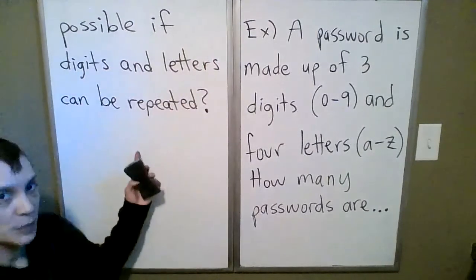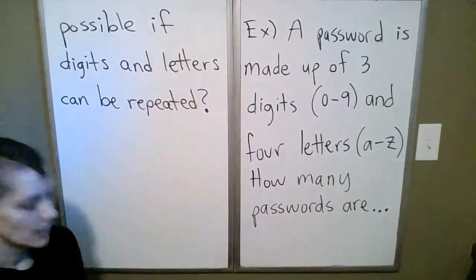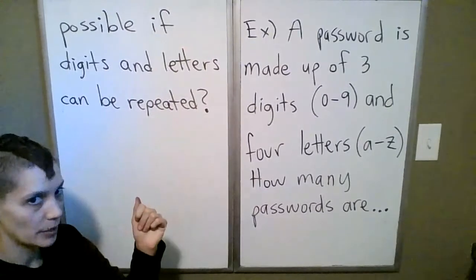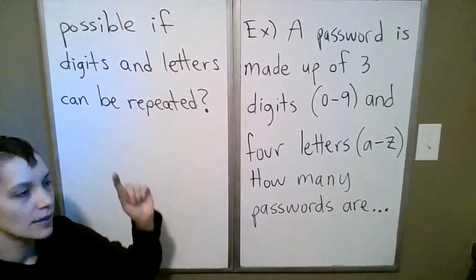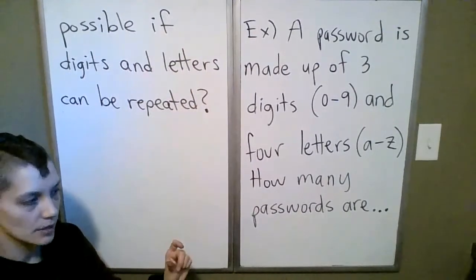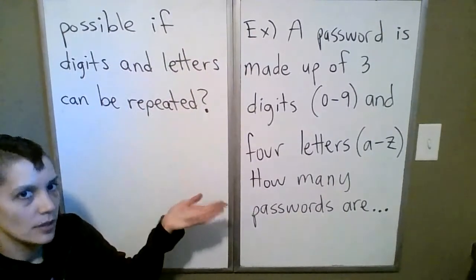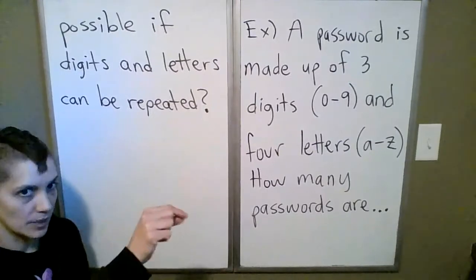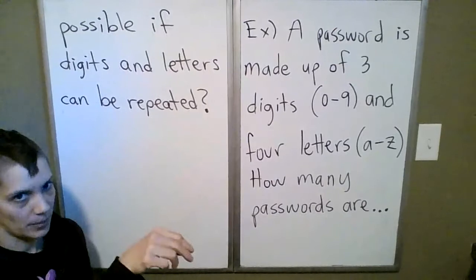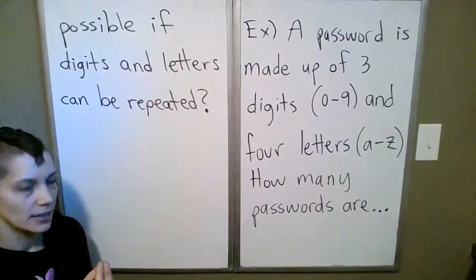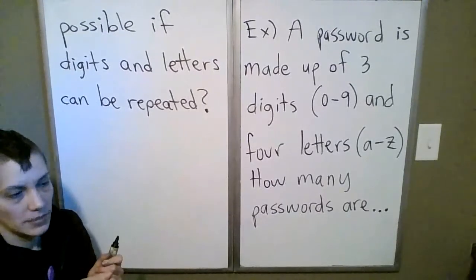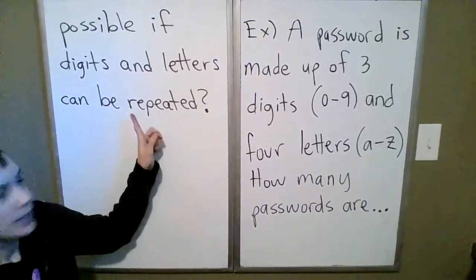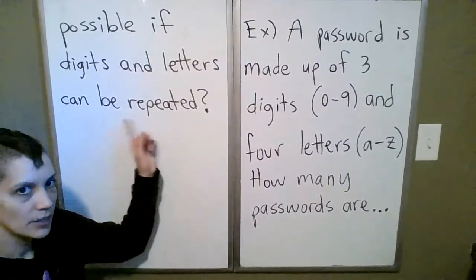Okay, we're using the multiplication rule. By the way, I'll try to remember when I talk about permutations and combinations, both of those examples are when you make a choice without replacement. So you take something from a set and you don't put it back. You remove it from the set. It's not replaced. However, this time, if it's repeated, you can replace it.